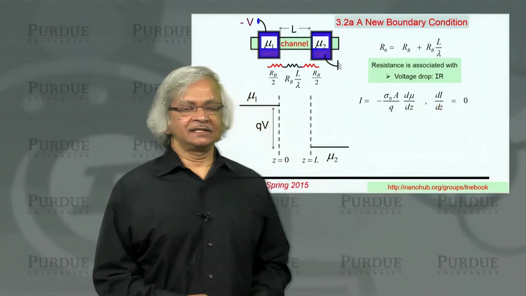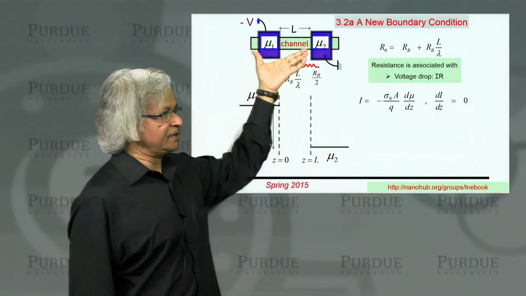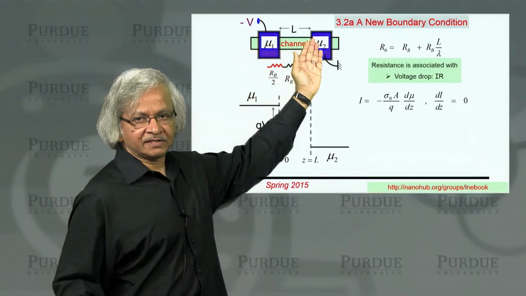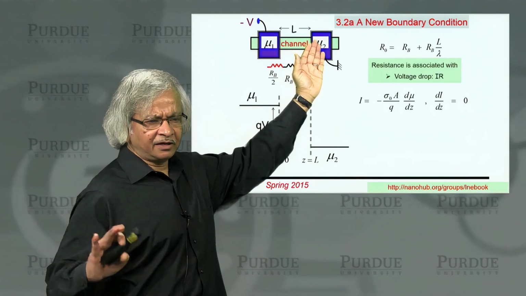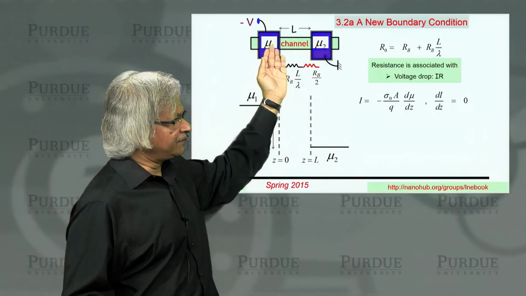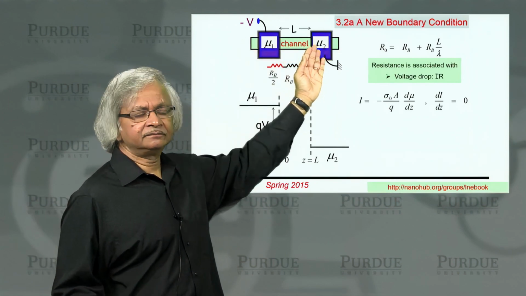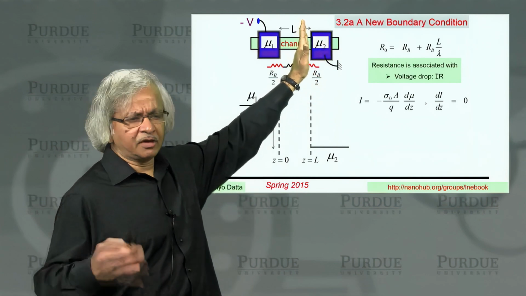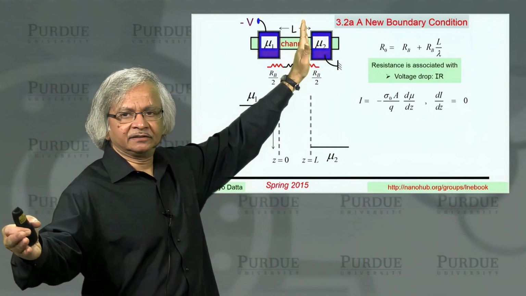What it says is that in a one-dimensional conductor like this, the current has to be the same everywhere at steady state. And you can kind of see why. You have this channel, electrons are flowing, and let's say I look around here, and you have, say, 100 electrons flowing per second.